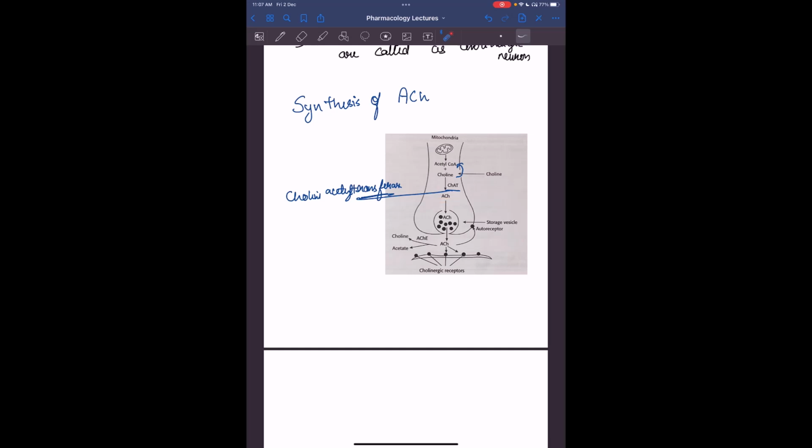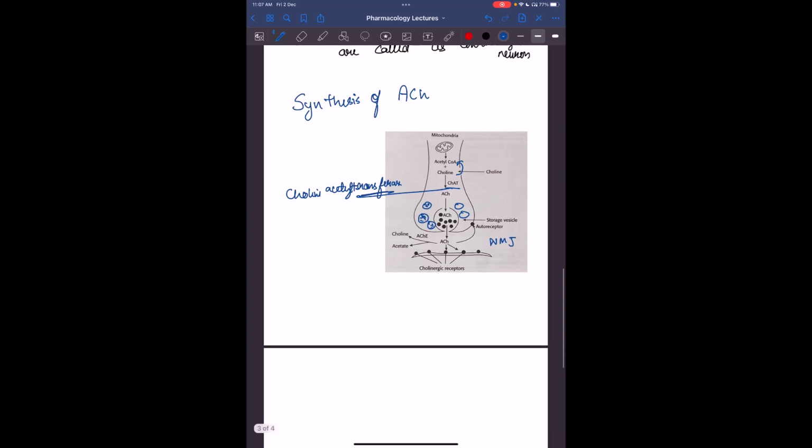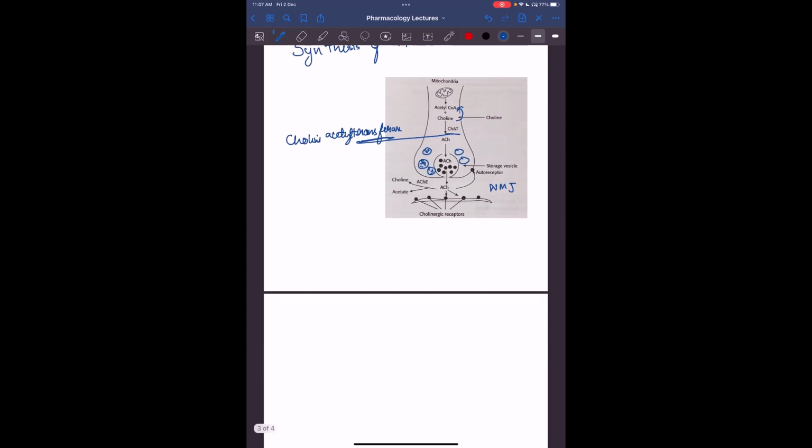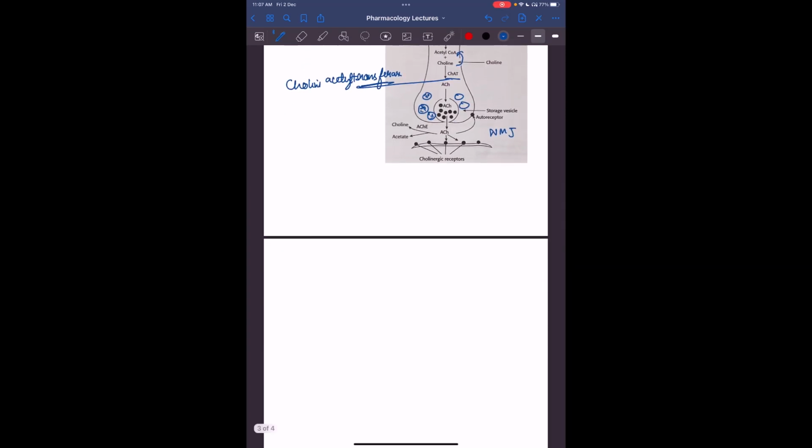And this acetylcholine is present inside the vesicles in the terminal part of the neuron. Whenever an action potential happens, it is secreted into the neuromuscular junction or to other cholinergic receptors of the neurons.